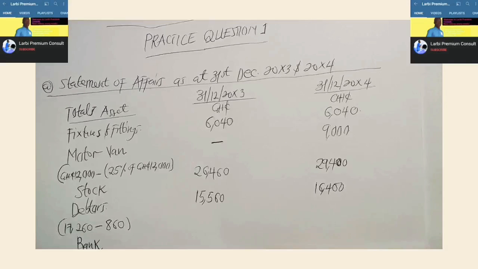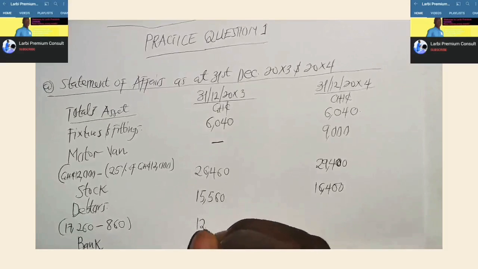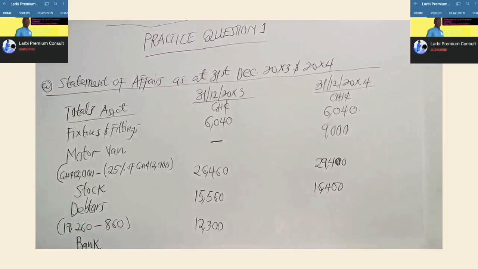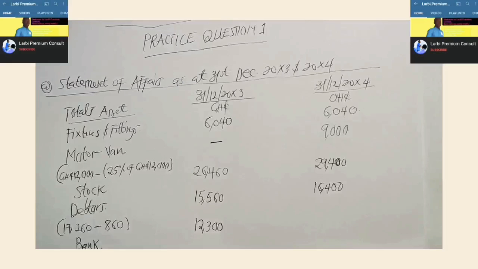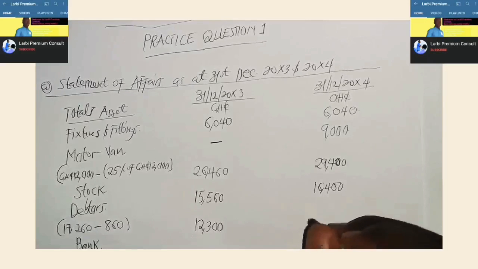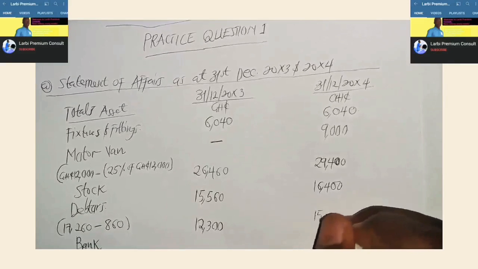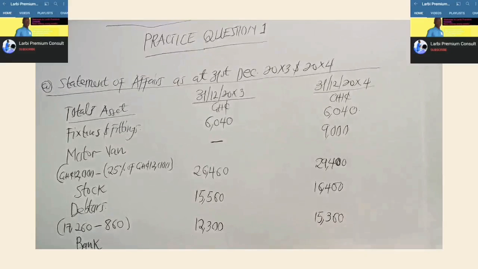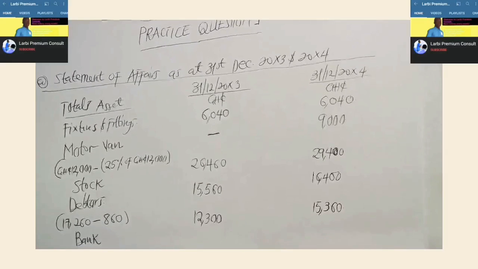So we're going to have that one here. 12,300. What about the end? The end, we're having a bank balance of what? 15,360. So 15,360 in that case. I just record.